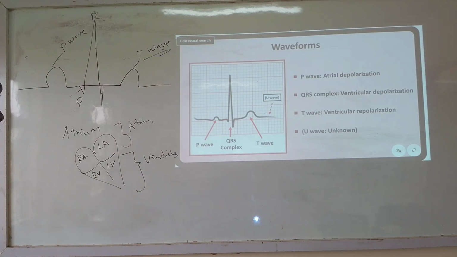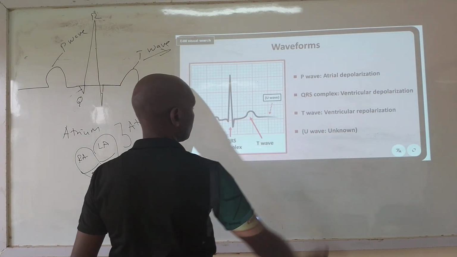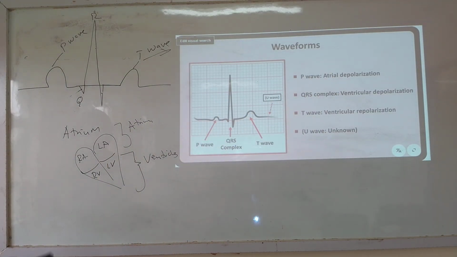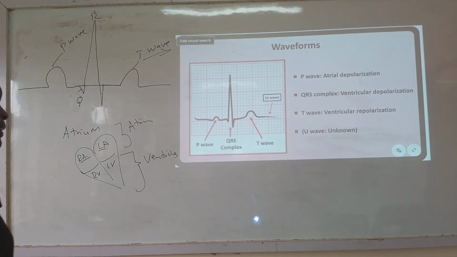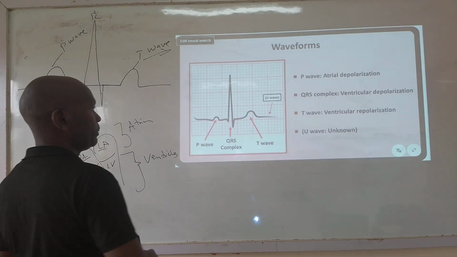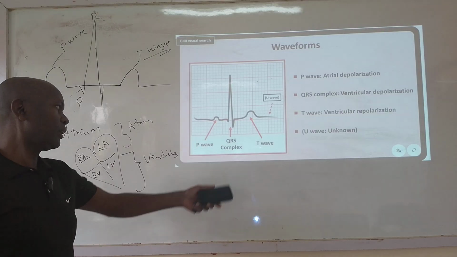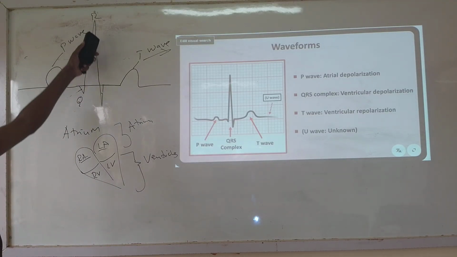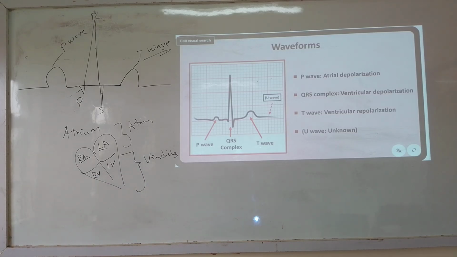So if you have a problem in your P waves, and the P waves represent atrial depolarization, then it means the problem is in the atriums of your heart. And QRS represents ventricular depolarization, so if you have a problem in the QRS wave, it means the ventricles have a problem.